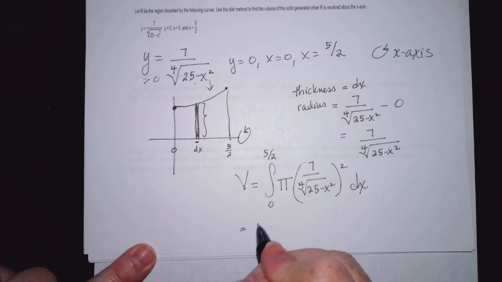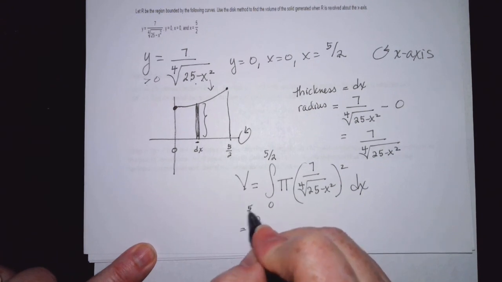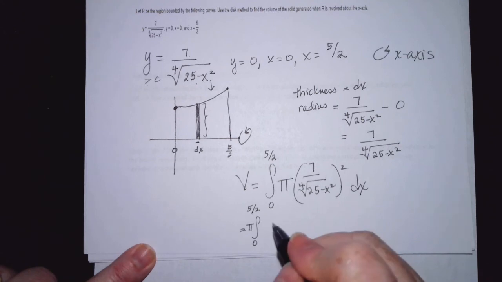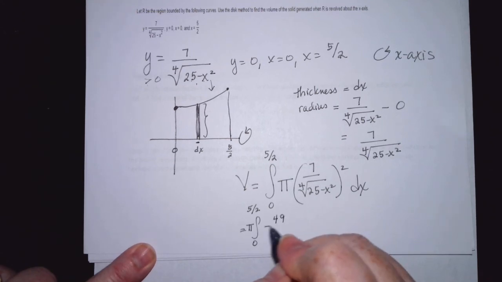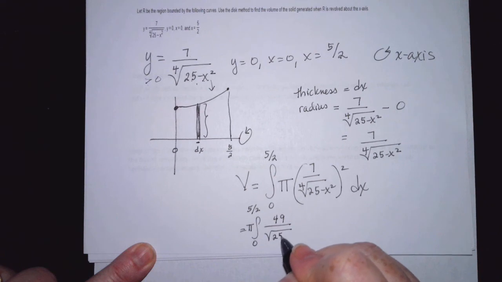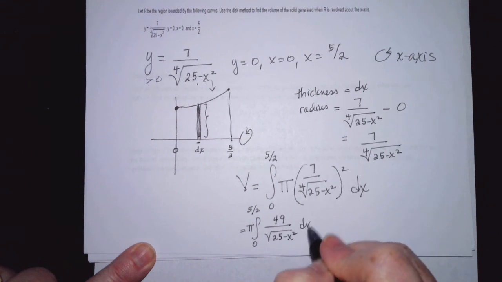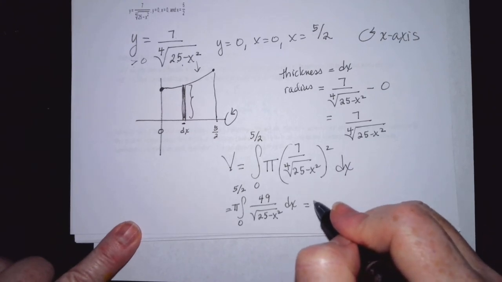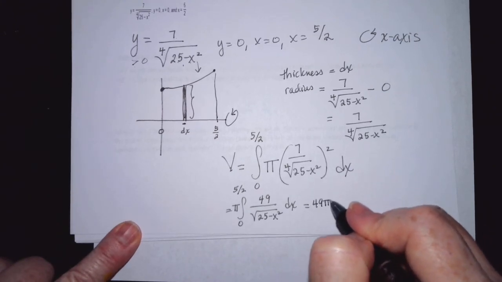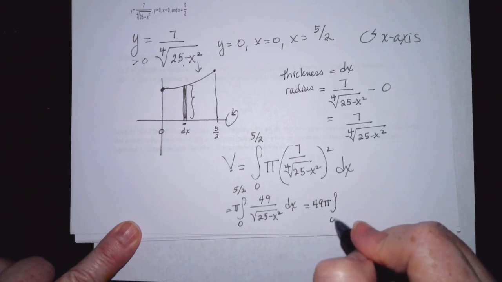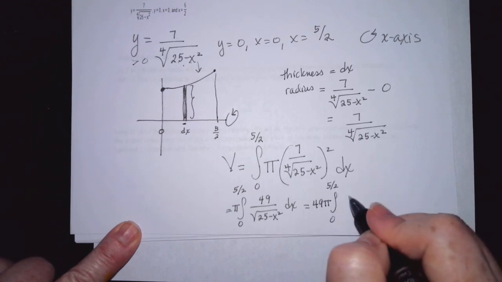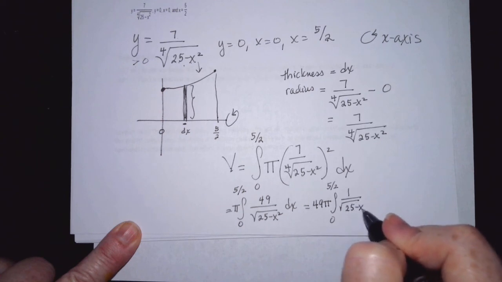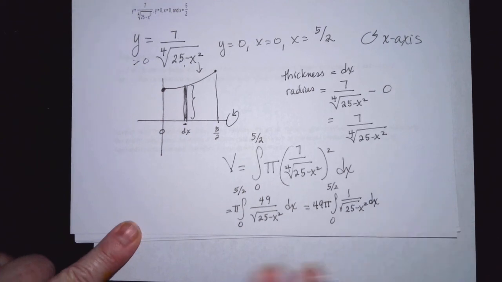So this would be the integral from 0 to 5 halves. I'm going to factor the pi out front. And that would be 49 over the square root of 25 minus x squared dx. So that would be 49 pi times the integral from 0 to 5 halves of 1 over the square root of 25 minus x squared dx.